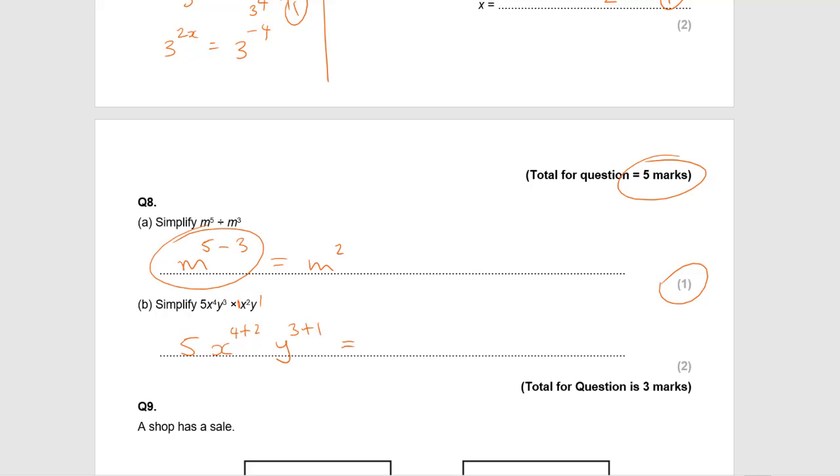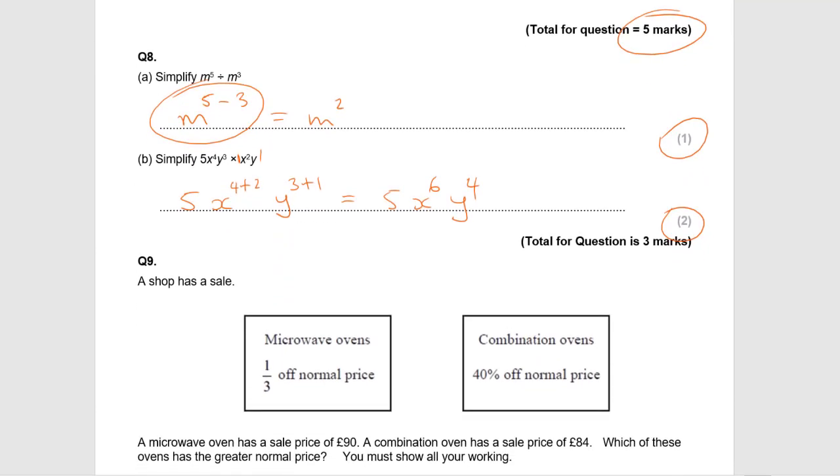So if there's no power, there's always a 1 there. So 5x to the power of 6, y to the power of 4. And this is where 2 marks, so 1 mark for each correct term with the right powers. Altogether 3 marks for this question.